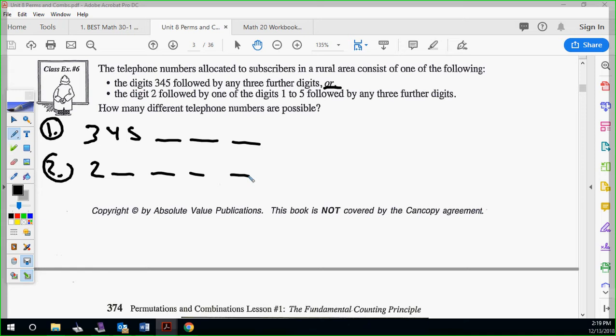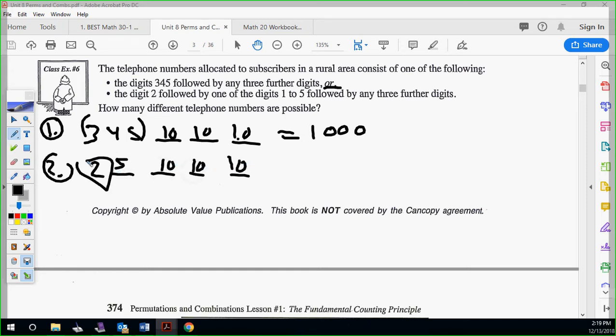Okay, so this one here, if it's 3, 4, 5, and then any 3 digits, what would that be? 10, 10, 10. Now, keep in mind, we're not multiplying that, right? Those are locked in. Those aren't options. So this one's simply 1,000. There's 1,000 options. 10 times 10 times 10. And so this one would go to 5, because 1 through 5 is the next digit option, and then 10, 10, 10.